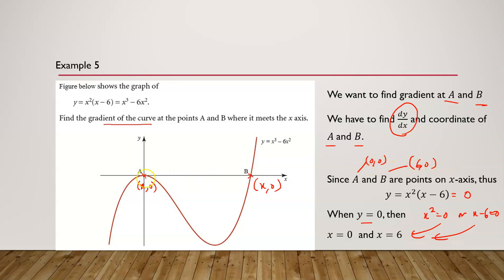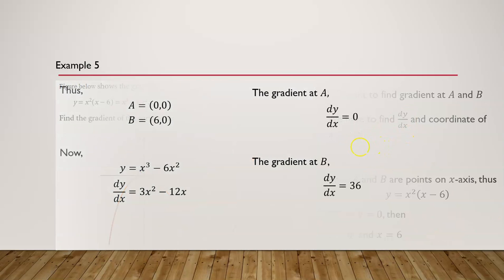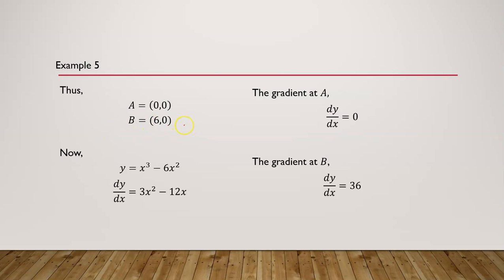We want to find the gradient at those points, right? So what we need to do is, we have this, so from here we differentiate. You get 3x squared minus 12x. The gradient at A is dy over dx equals 0. Why? Because you substitute x equals 0 at A, (0, 0).